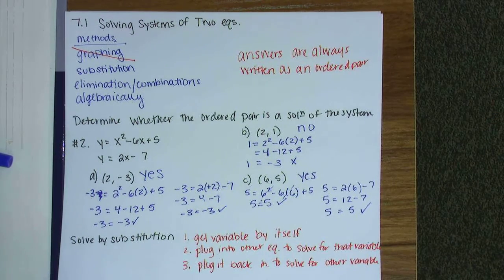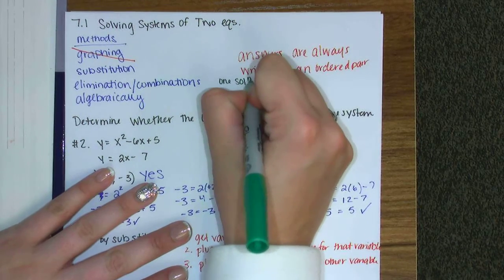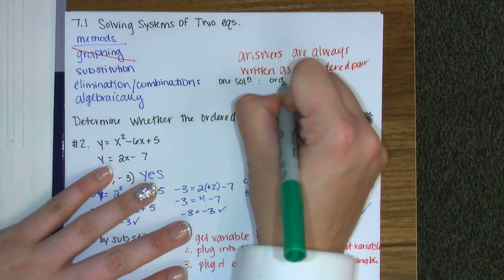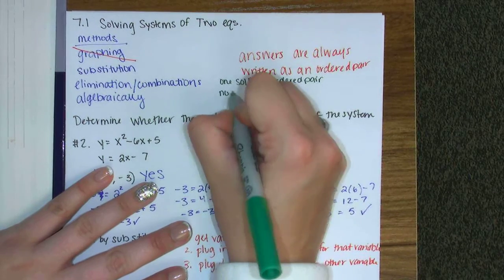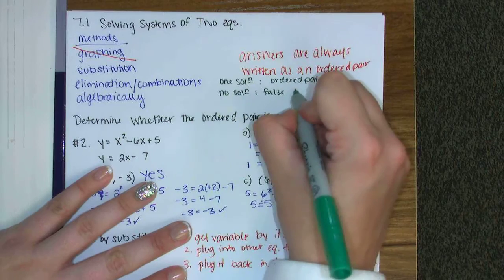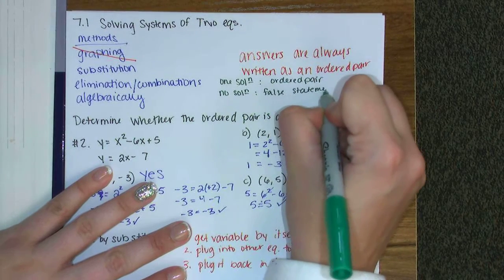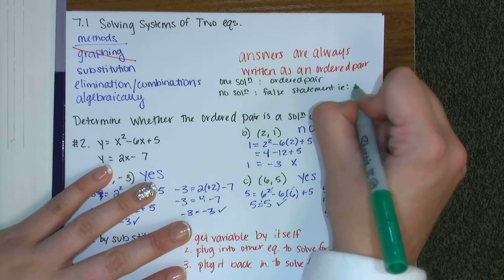Oh, and one other thing that I forgot to point out, sorry about that, is that we can have one solution, which would be the ordered pair. We can get no solution, so basically we get a false statement, i.e. 0 is equal to 8.